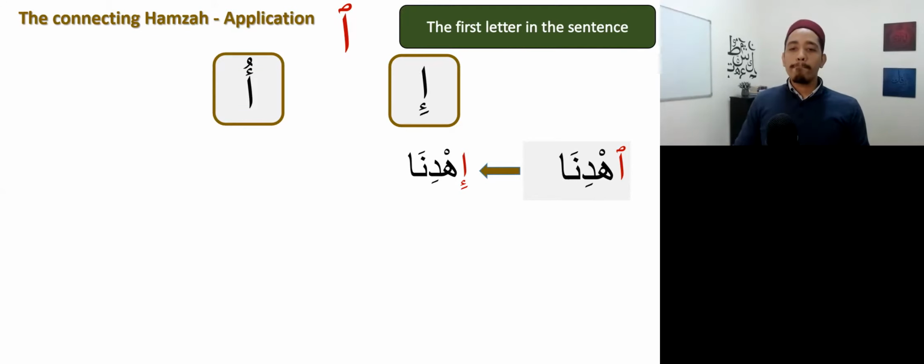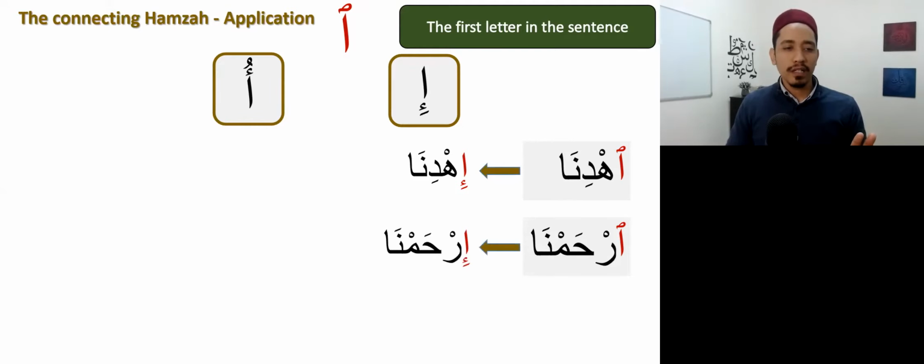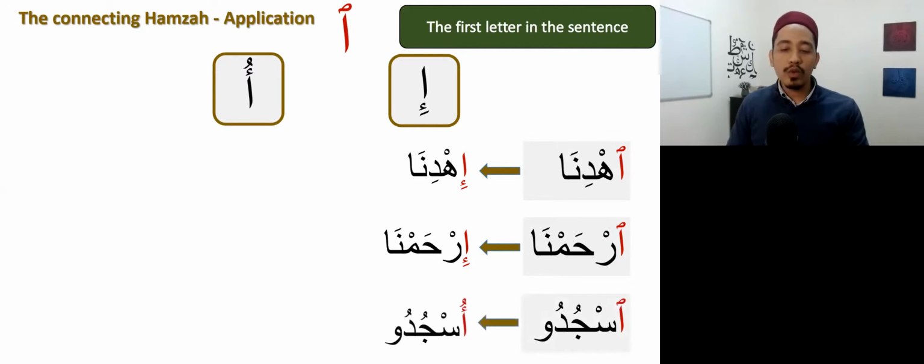Okay, let's look at another word here. Irhamna, again kasra. And look at this example. Usjudu.